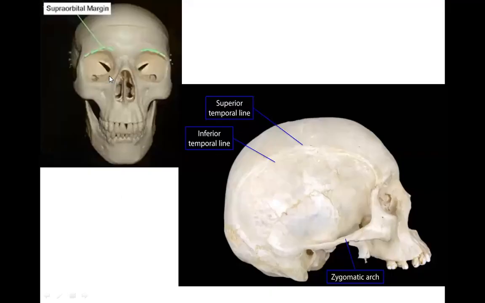In this diagram, you can nicely appreciate the supraorbital margins on both sides. Here is the superior temporal line and the inferior temporal line. Both lines are there, superior and inferior temporal lines. And here is the zygomatic arch.